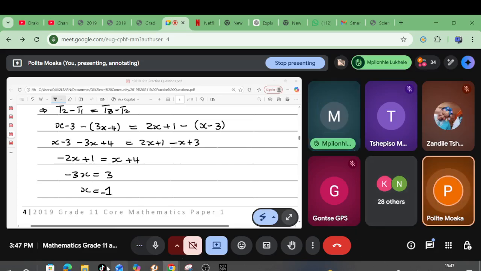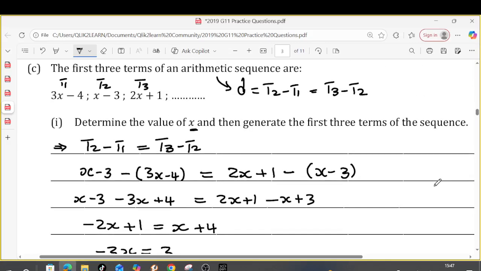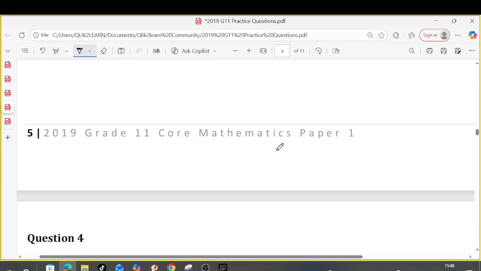No, it depends on the type of question. They either give you arithmetic or geometric. If you are in grade 12, they'll give you geometric or arithmetic. If you are in grade 11, it's always arithmetic, or they might give you a quadratic pattern, which is what I saw at the end of the question paper.